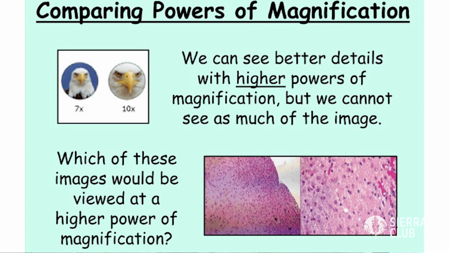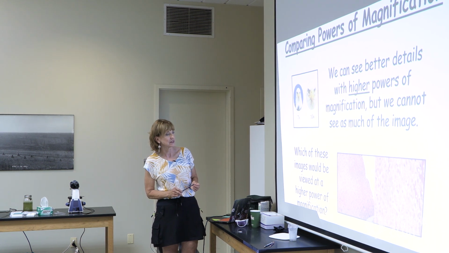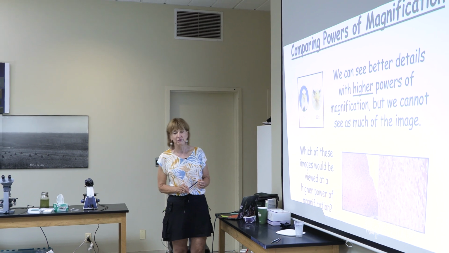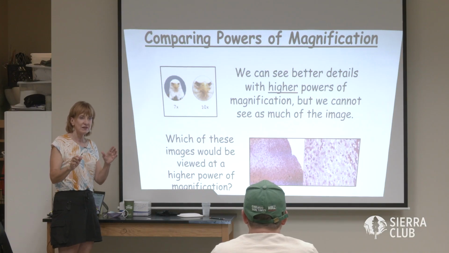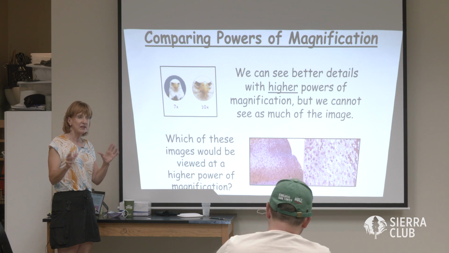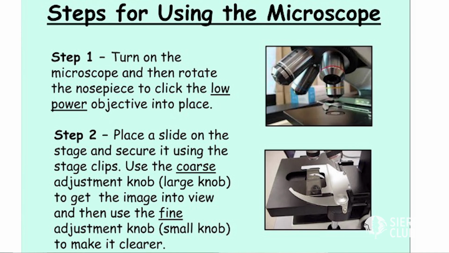Comparing the powers of magnification: we can see better details with higher powers, but we can't see as much of the image. First we're going to see, are they filaments? Are they colonies? And then we zoom in and get them a little closer.